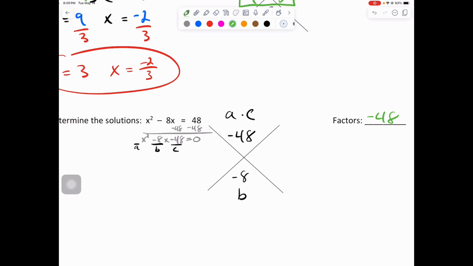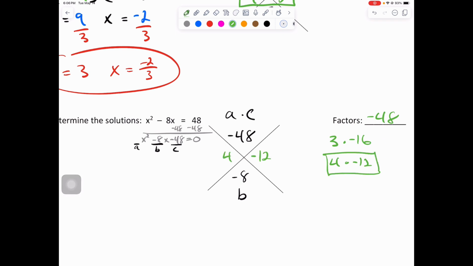Let's just say we start off at 3 and 16. 3 times negative 16. Well, 3 minus 16 is what? Minus 13. So then let's go to 4 times negative 12. 4 minus 12 does give us negative 8. And 4 times negative 12 does give us our negative 48.